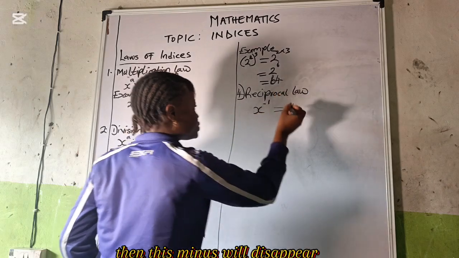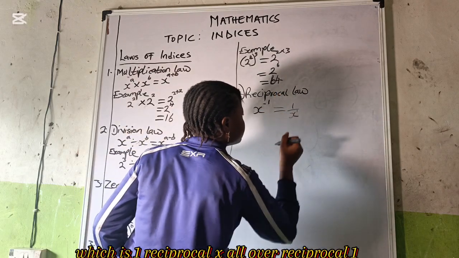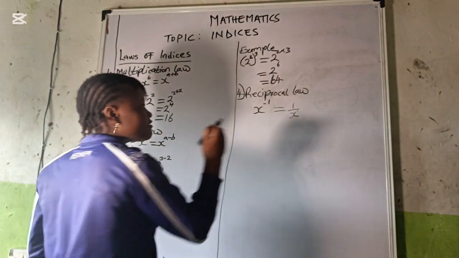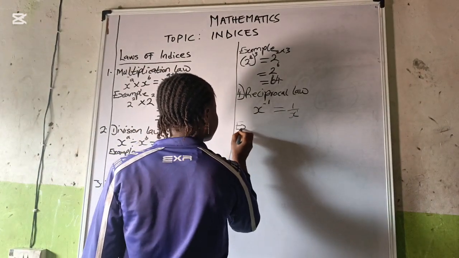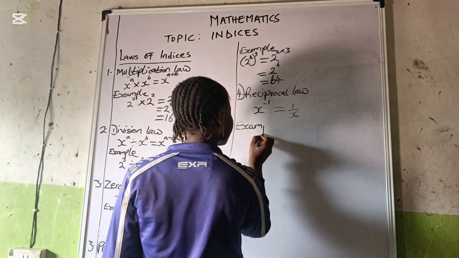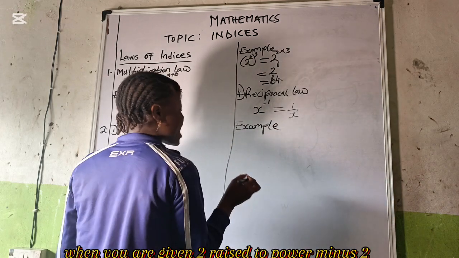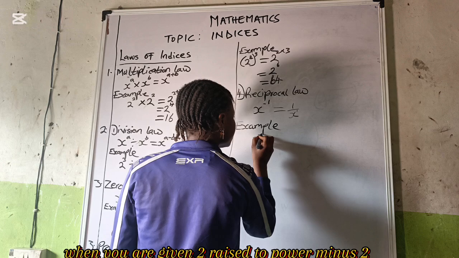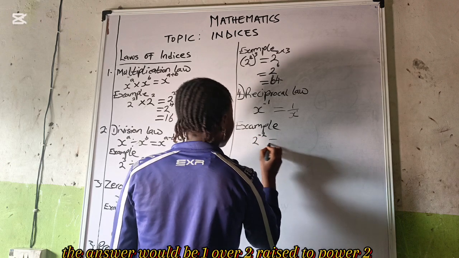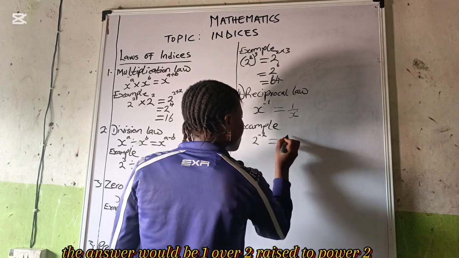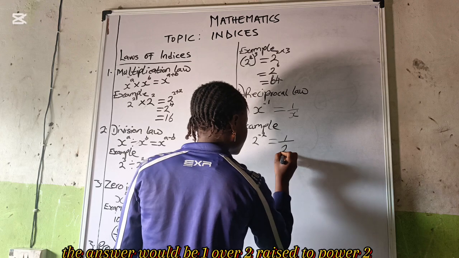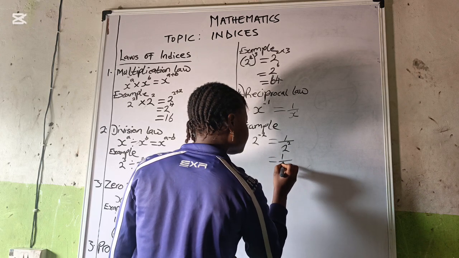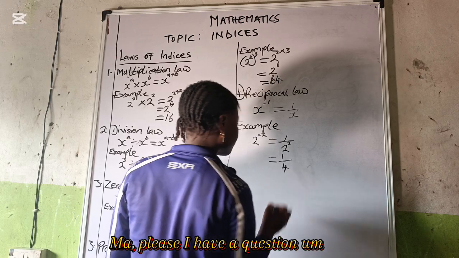Then this minus will disappear. For example, when you are given 2 raised to power minus 2, the answer will be 1 over 2 raised to power 2, which is equal to 1 over 4.